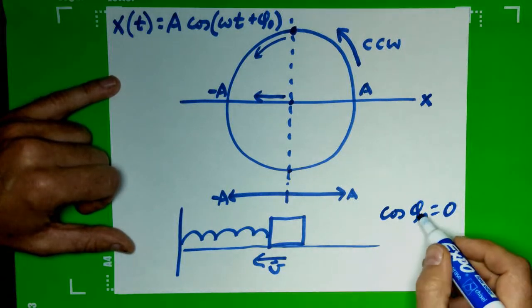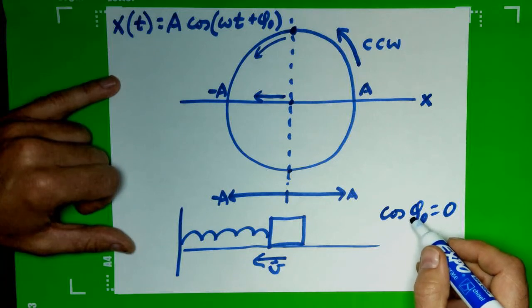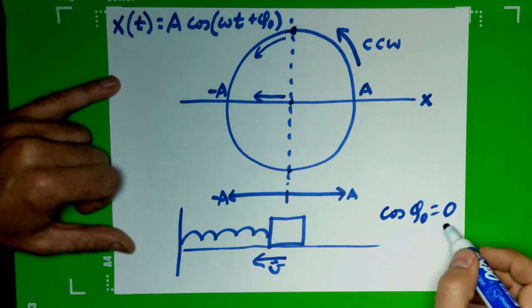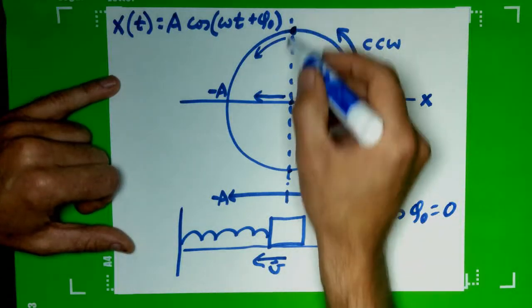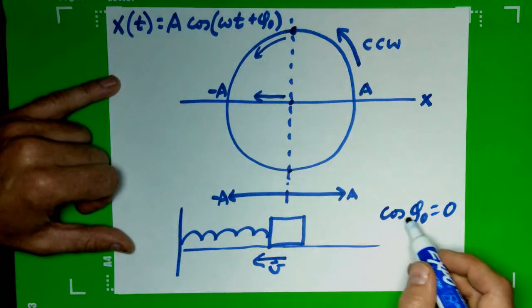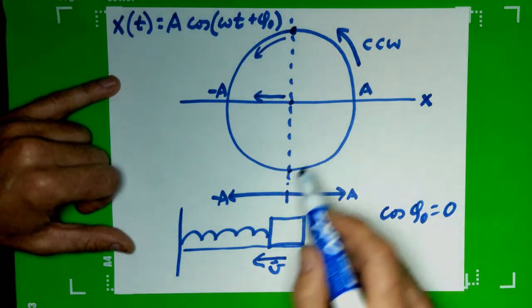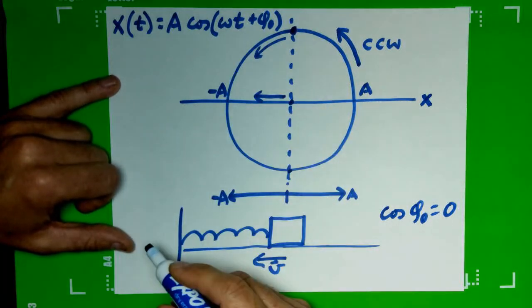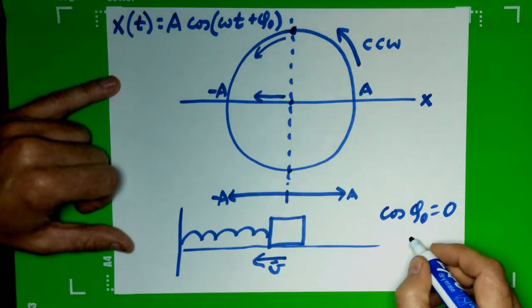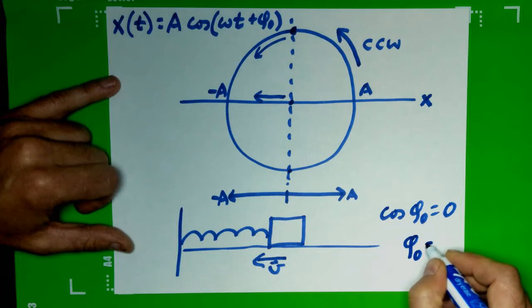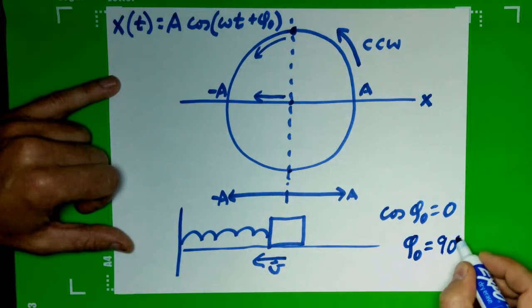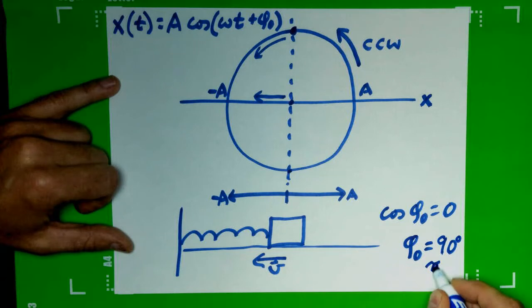Well, we know that cosine of 90 equals 0, or cosine of 270 equals 0, which is basically saying it's here or here, which means we're starting at 90 degrees or 270, but given our velocity, we knew it had to be 90. And so now that means our phi 0, our phase constant, our initial starting point, must be 90 degrees, or better yet, pi halves radians.